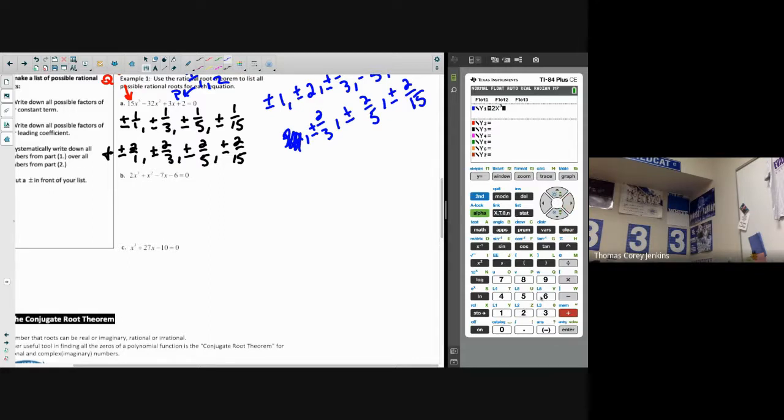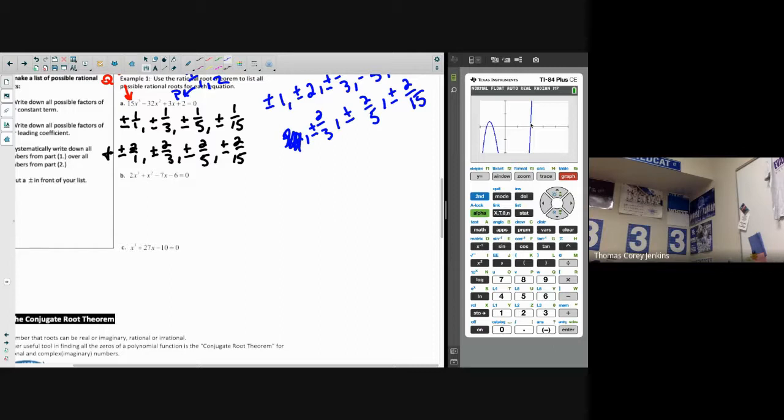So plus x squared minus 7x minus 6. And we go to graph. I might have to zoom in. All right, so looks pretty good. It looks like we might even have a whole number root there. I think that's -1. Yeah, and we have another one which is +2, right?